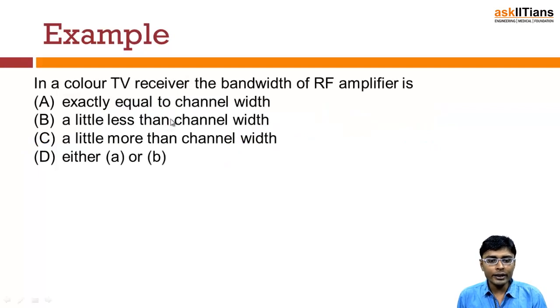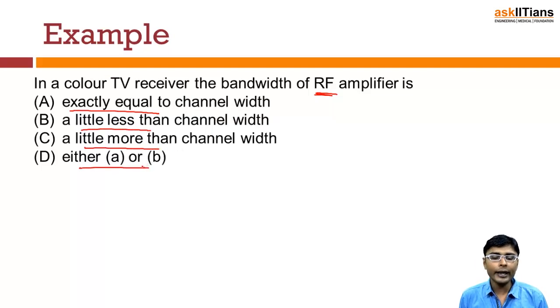In a color TV receiver, the bandwidth of an RF amplifier is: exactly equal to channel width, a little less than channel width, a little more than channel width, or either A or B. So basically we are asked about the bandwidth of the RF amplifier, that is, the radio frequency amplifier, in a TV receiver.